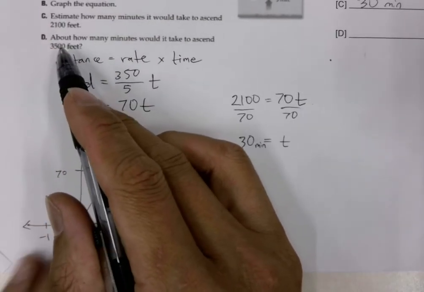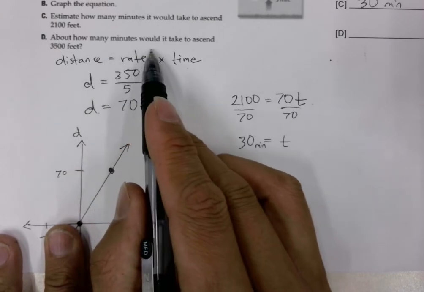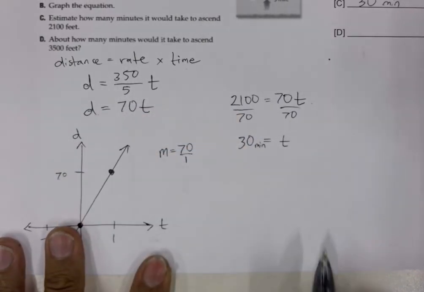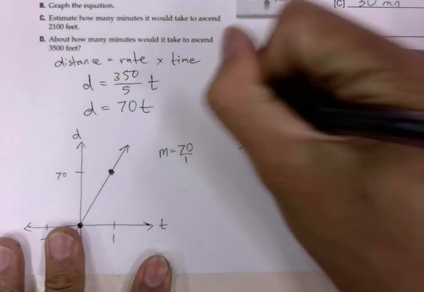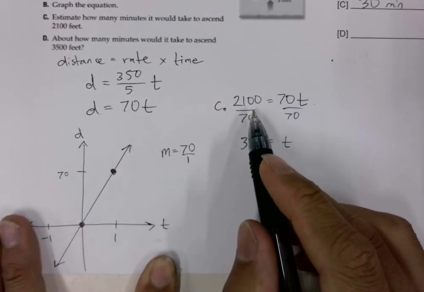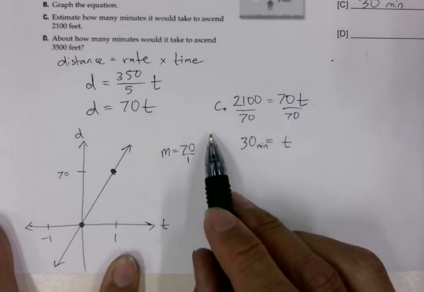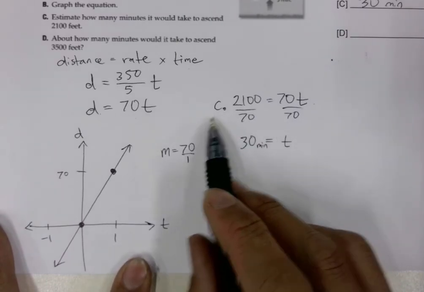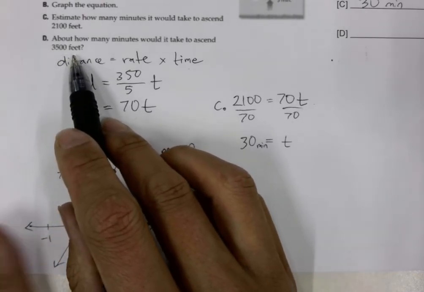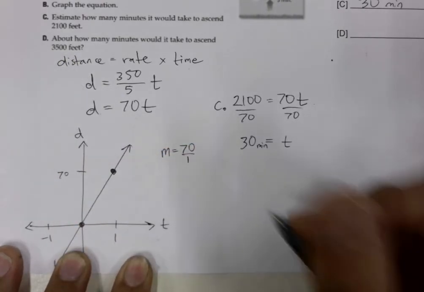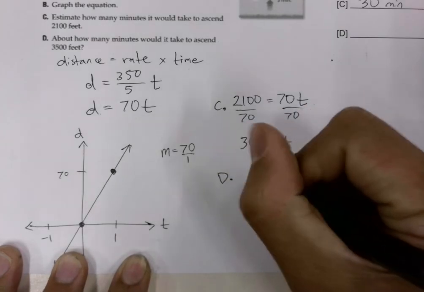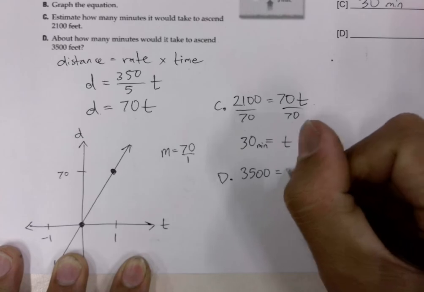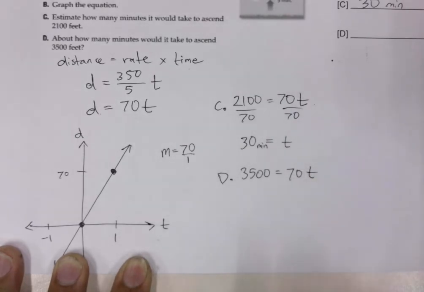Part D is asking, how many minutes would it take to ascend to 3,500 feet? Well, how would we do that? We would do the same thing, run through the same process as we did for C, except this time we're going to use 3,500 feet as our distance. Let's do that here. 3,500 in the place of d is equal to 70t.